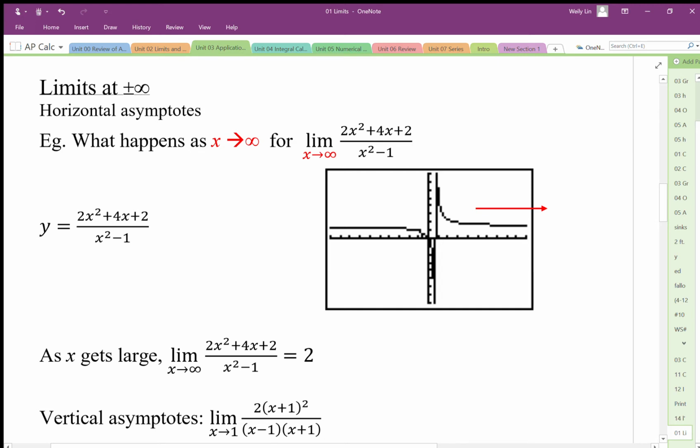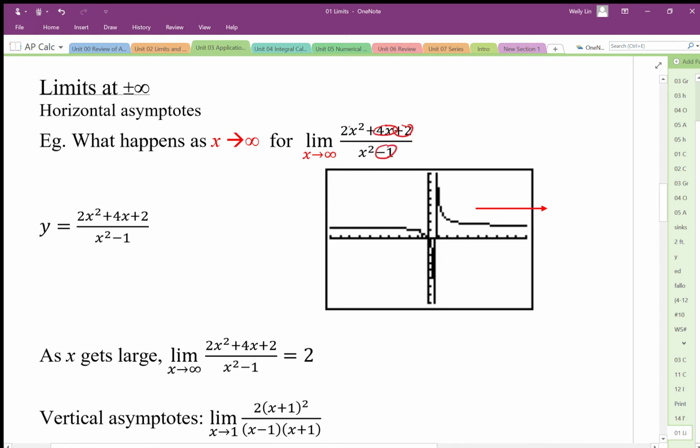The same thing here with this x value, because if we compare 10 billion squared with just 10 billion, 10 billion squared is really, really, really big. So what ends up happening is these terms tend to be insignificant. As x gets large, these terms here become insignificant.